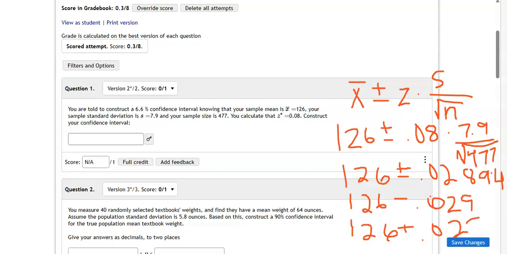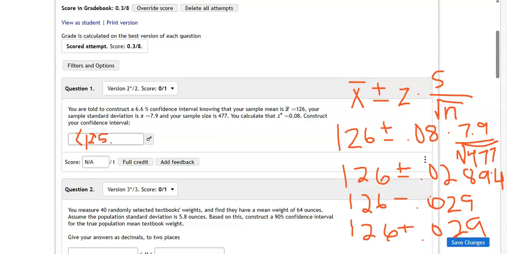All right, so if we do that first calculation in our calculator, 126 minus 0.029, that is going to give me, now the way it would go into this is we would put parenthesis, and that is meant to be just the round parenthesis. My drawing feature doesn't allow me to, 125.971.